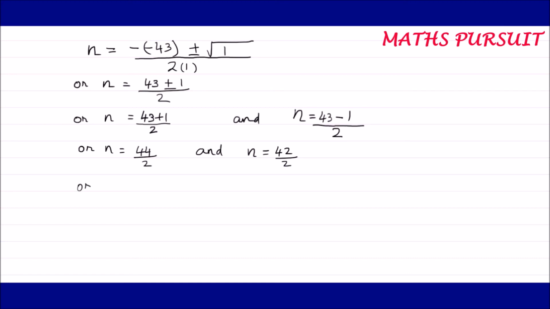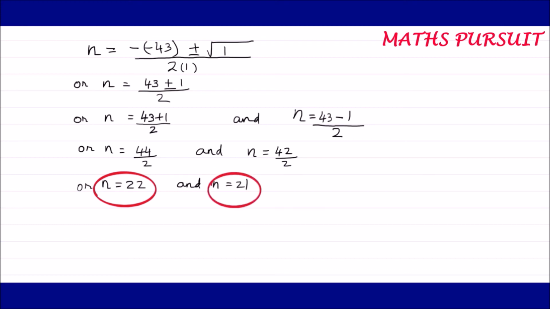So we got n is equal to 22, and the other one is n is equal to 21. So guys, you could see that we got two values of n. One is 22 and the other one is 21. This is our answer. This is what we are looking for.